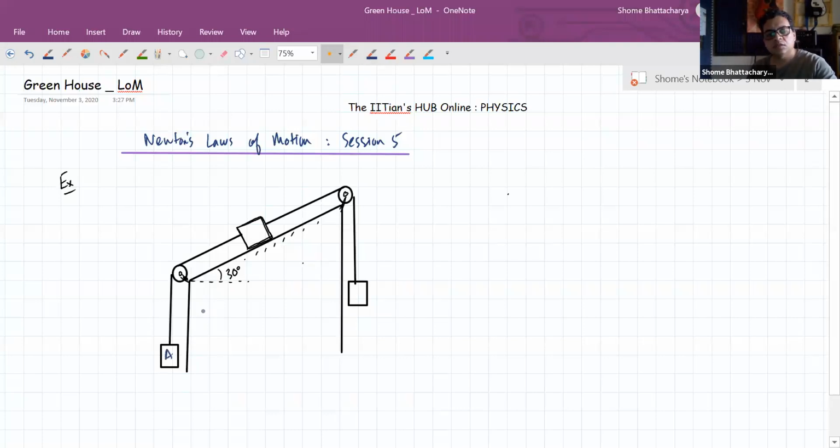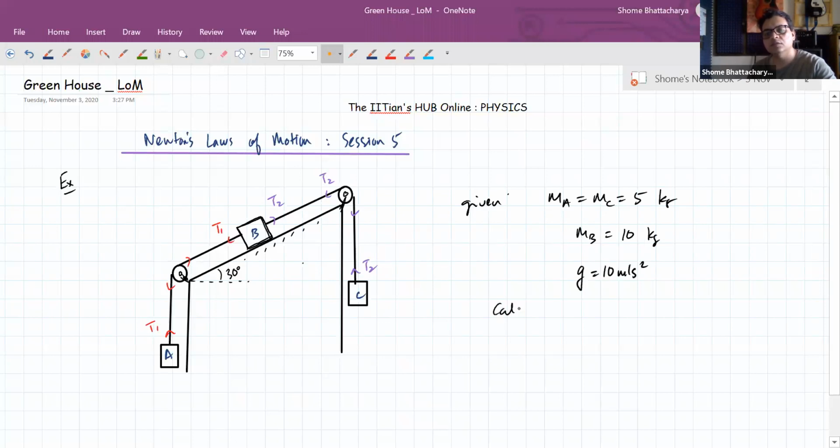So these blocks are labeled A, B, and C, and the tension in this string is labeled T1, and the tension in the second string is labeled T2. Now, given that mass of the block A is equal to mass of the block C equal to 5 kilograms, and mass of the block B is double of that, it's 10 kilograms, and g is equal to 10 meters per second square.